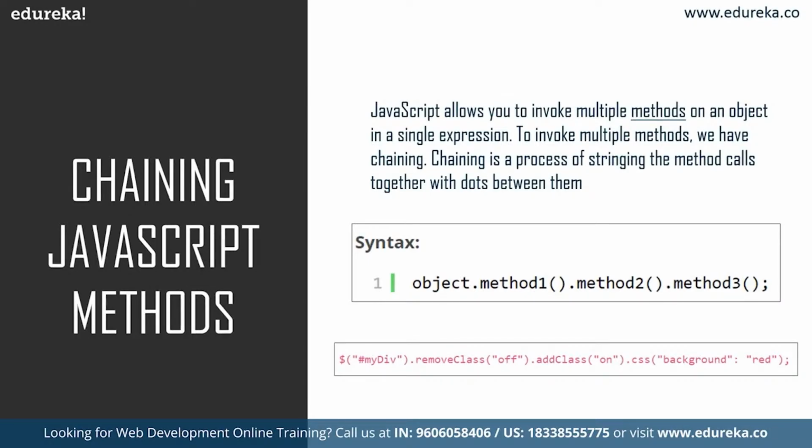So here this is another way of how you can chain the jQuery selector methods, for which we have $myDiv.removeClassOff.addClassOn, and then we have taken .css background equals to red. So we are specifying a background color, add class on, and then we are removing the class off. So this is another different way of doing it with the jQuery selector.